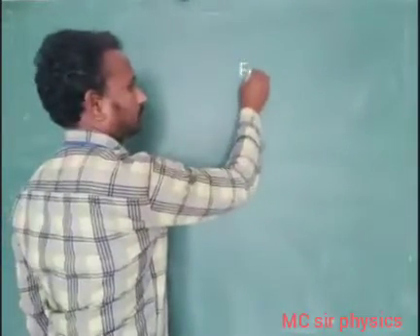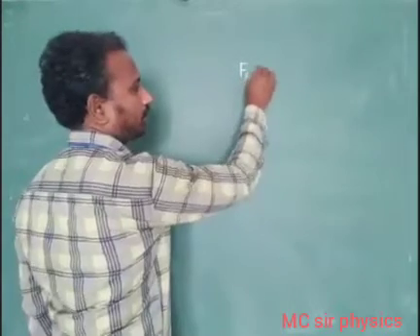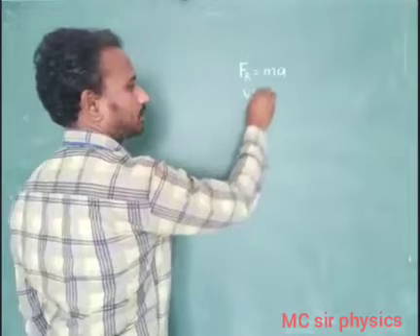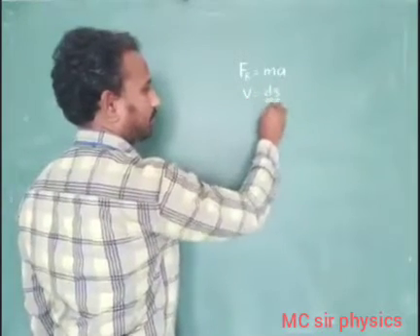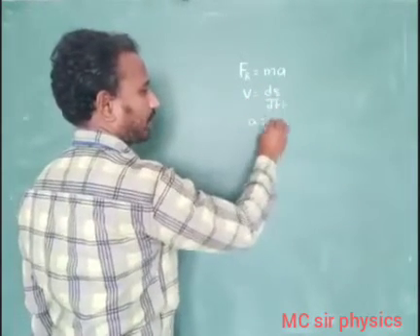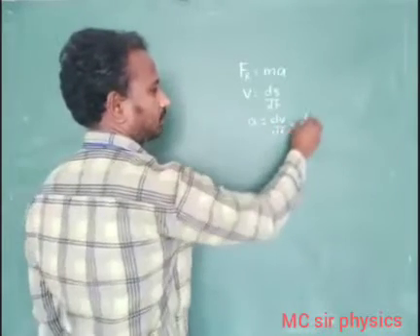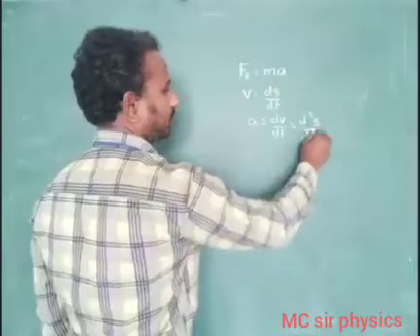What are the points I explained for you? Resultant force Fr equals mass into acceleration. Velocity equals ds by dt. Acceleration equals dv by dt, which equals d square s by dt square.